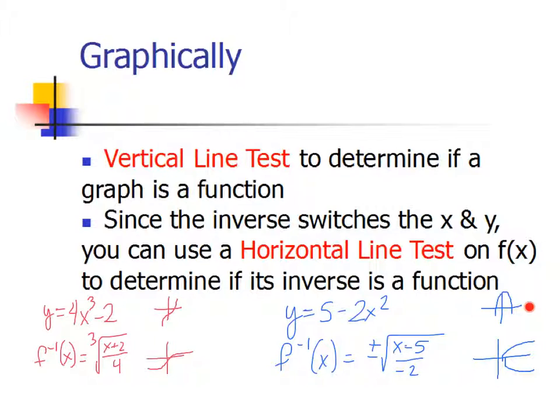So its inverse will not be a function. I really wouldn't even go to all this work. I can tell right up front that its inverse would not be a function because its graph would not pass a horizontal line test. Okay, so you do the vertical line test and the horizontal line test on the original function. You're not doing it on the inverse. By that time, you should have already decided it's either going to work or not work.